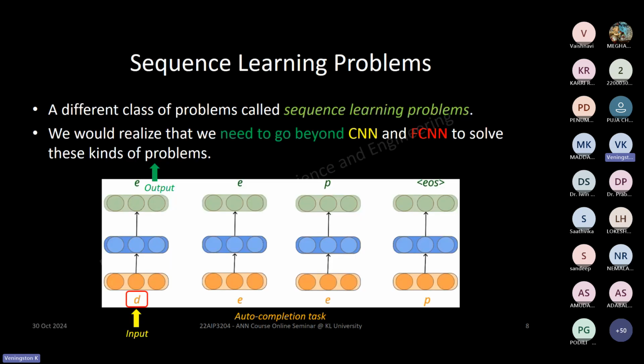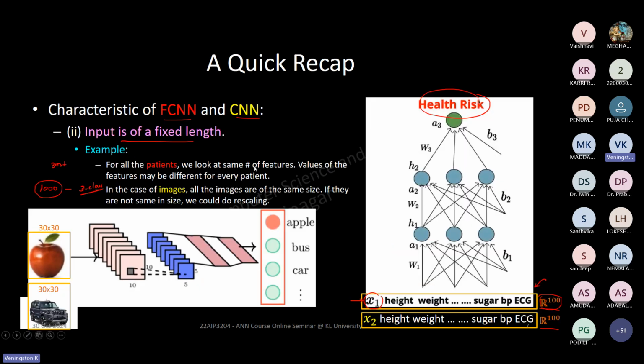Okay. So these two things are common in both the standard artificial neural network, which is also called a feed forward neural network, and even CNN. So even though they are used for solving different classes of problems, basically both of them try to solve a classification problem.